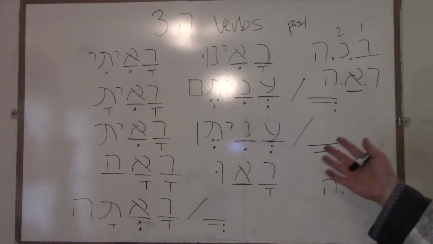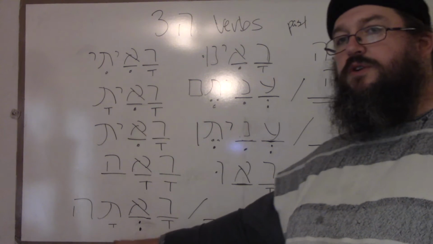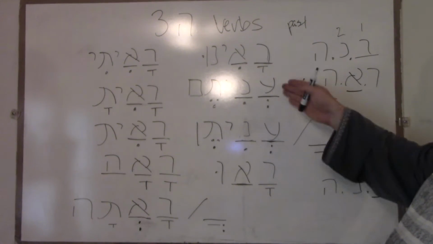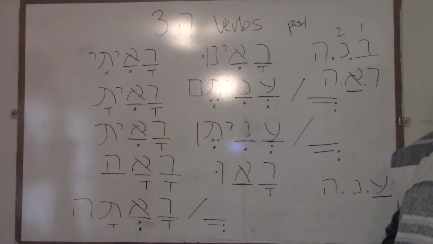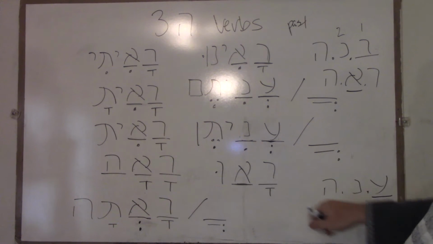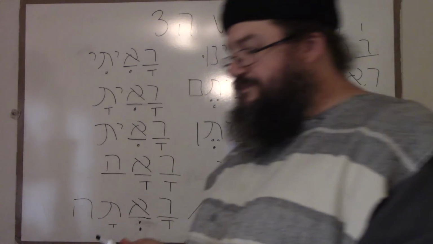That's going to differentiate between when we use the kamatz katan in the third person feminine form, and when we have the second person plural form, where we use the kamatz katan in place of the shewa if we have a guttural that begins.